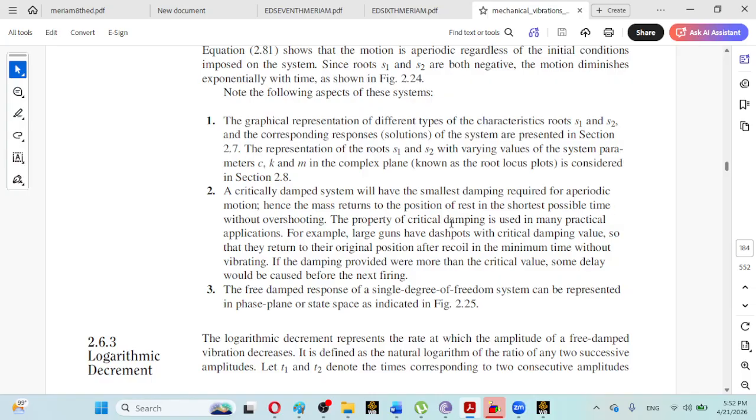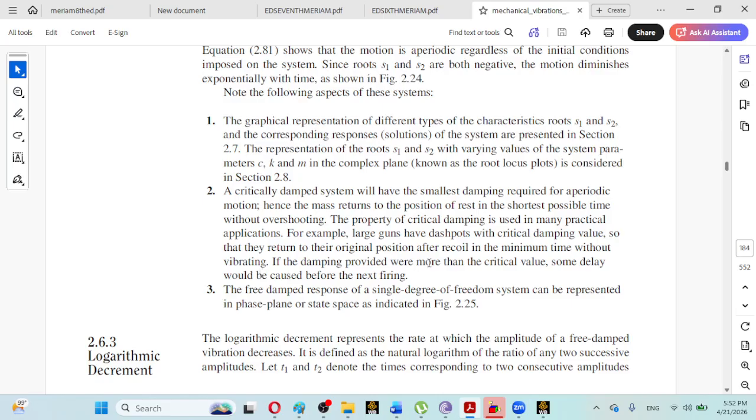The property of critical damping is used in many practical applications. For example, large guns have dashpots with critical damping value, so they return to the original position after recoil in the minimum time without vibrating. The same critical damping system is used in shooting guns.